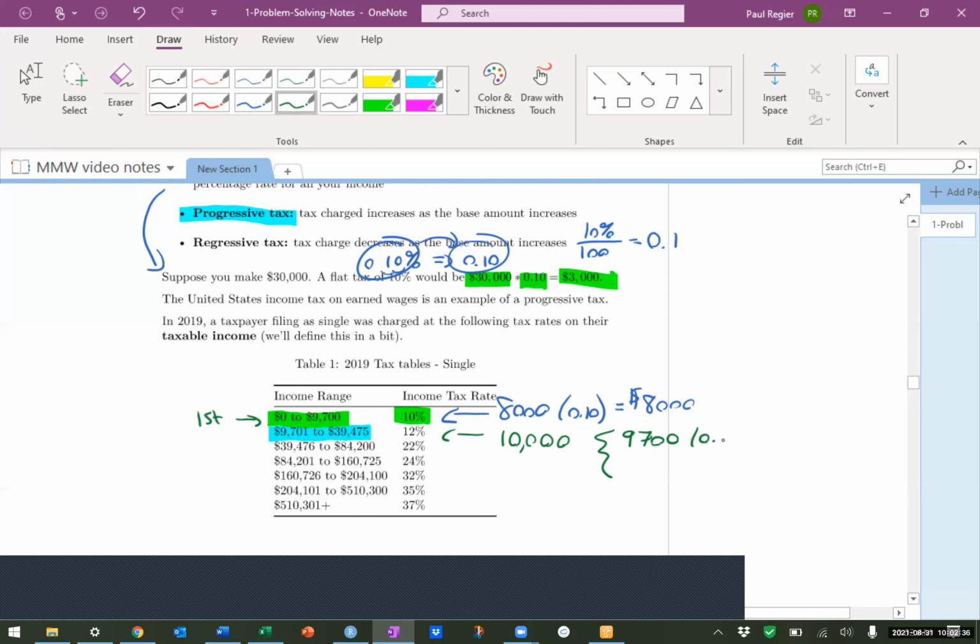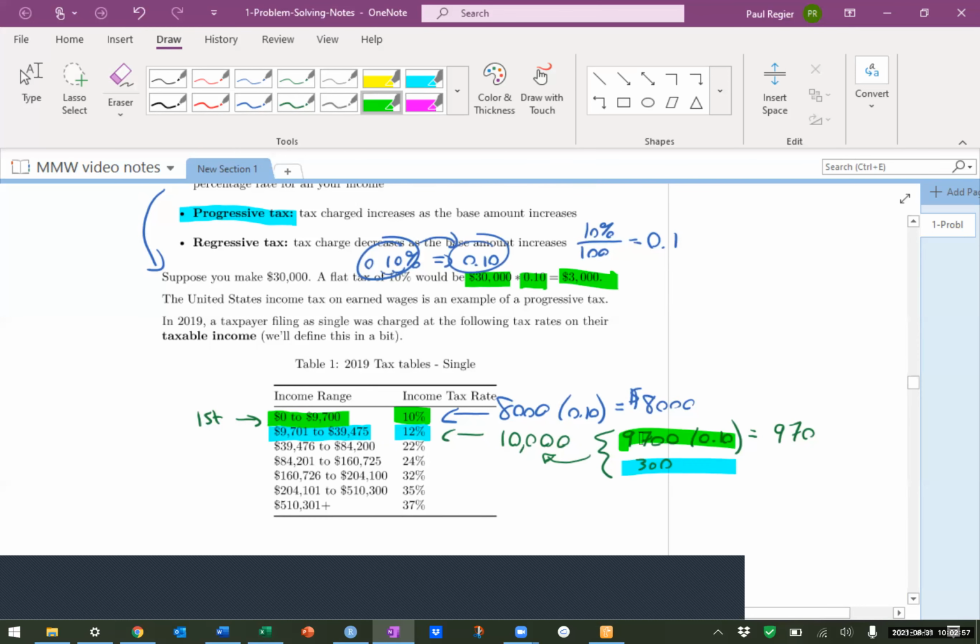You're charged $970. But any income beyond that, notice you have $300 beyond 9,700, so these add up to 10,000. That amount of money is charged the second tax bracket.